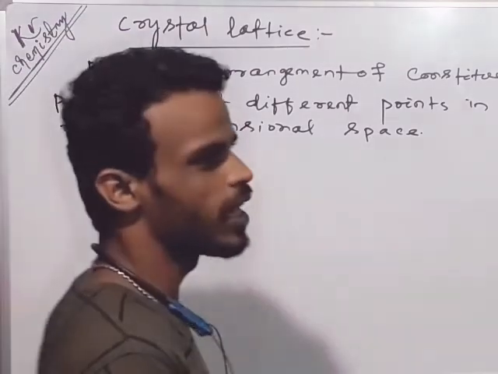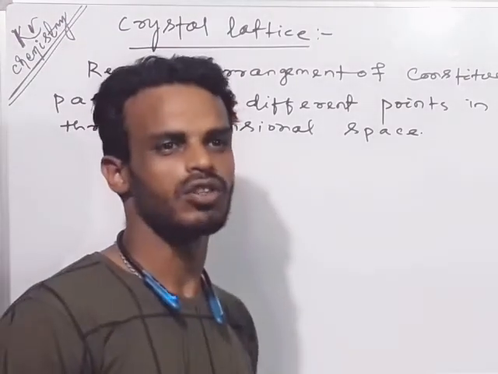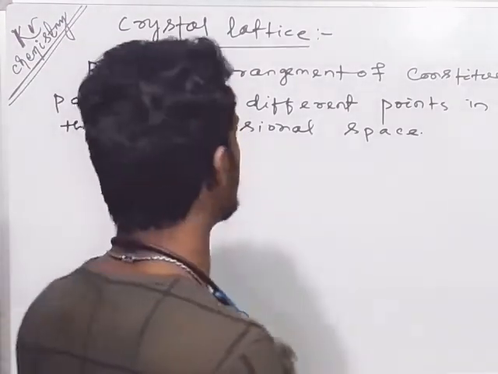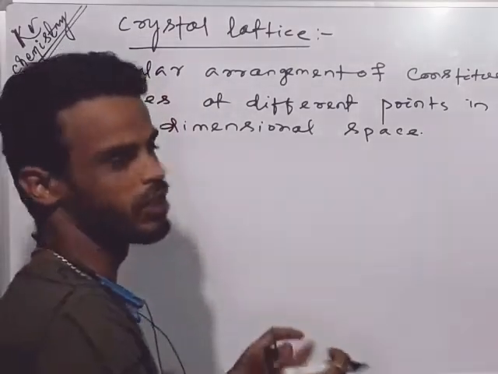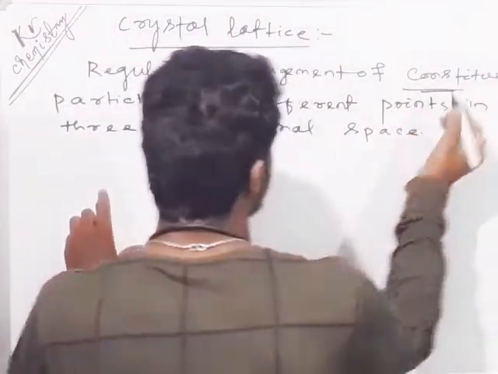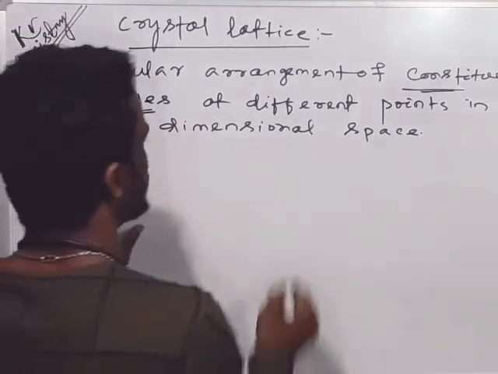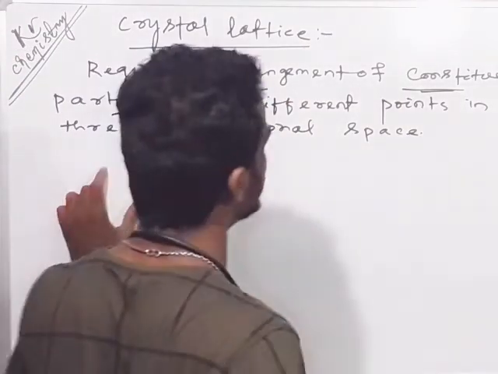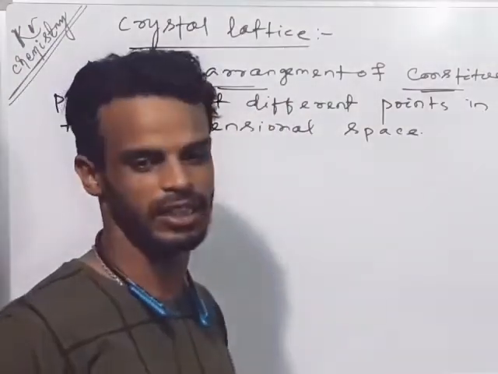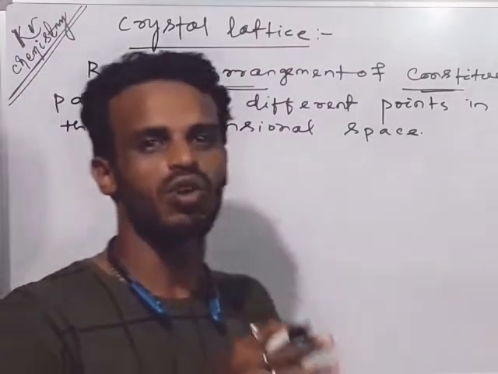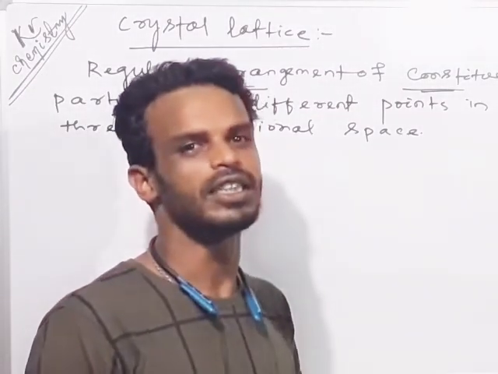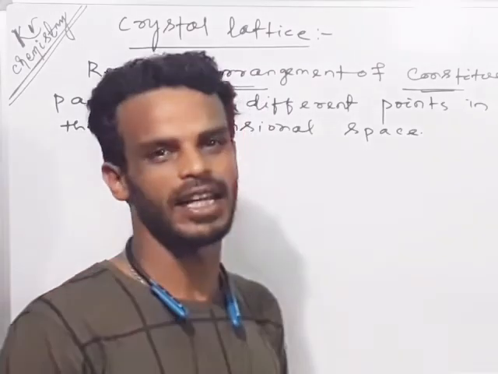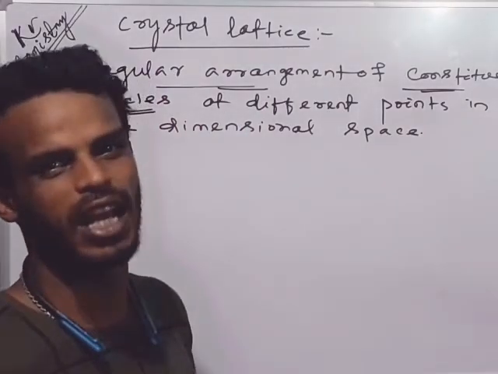Means in three-dimensional space the solids are arranged in a regular manner. The constituent particles are arranged in a regular pattern. These are known as a crystal lattice. The total structure of a solid is represented by a crystal lattice in three-dimensional space.